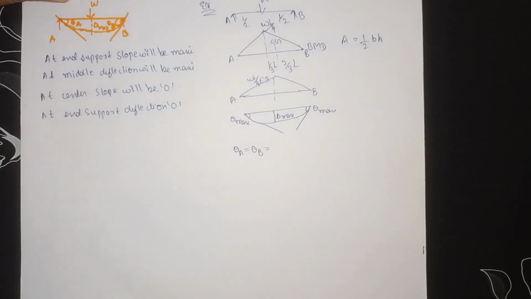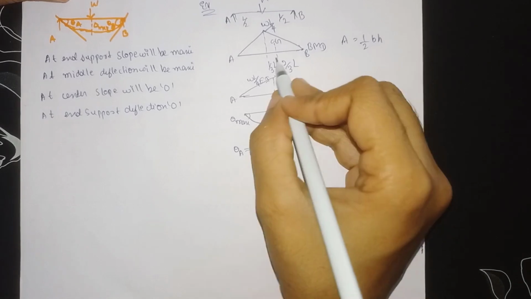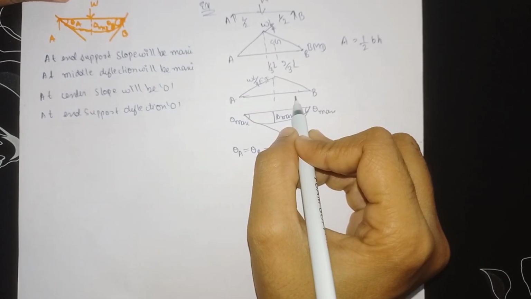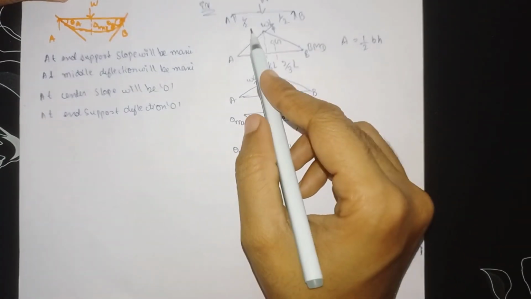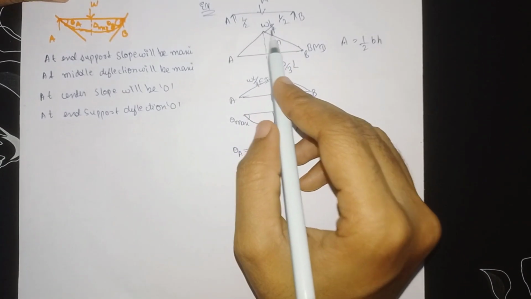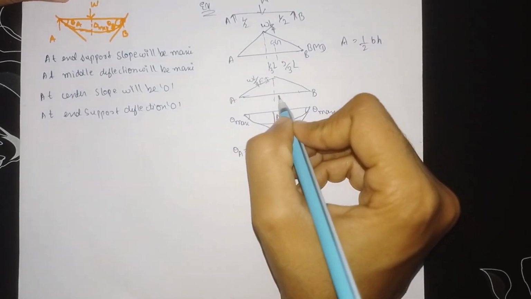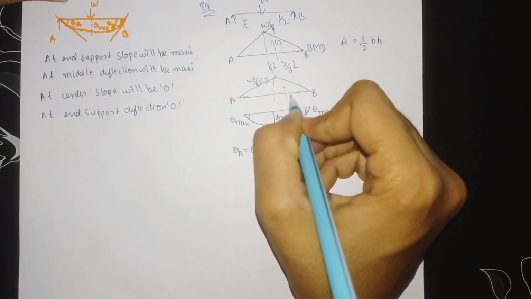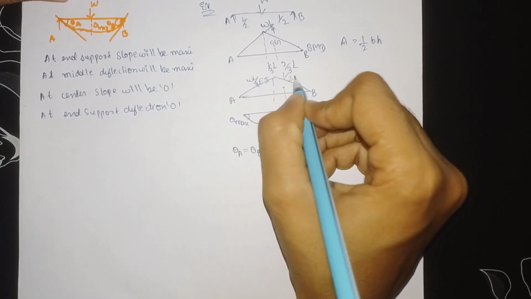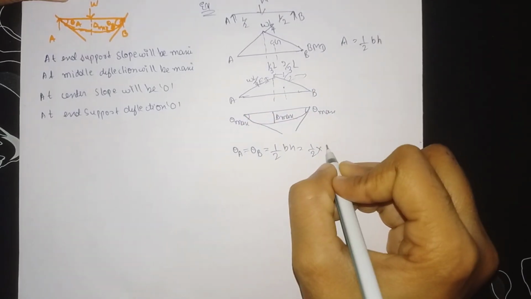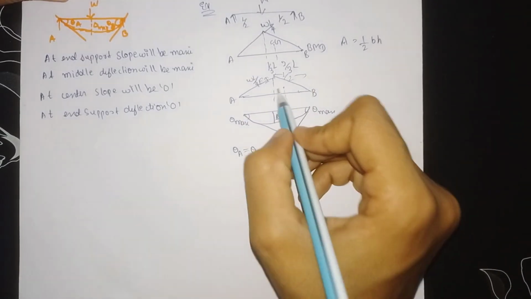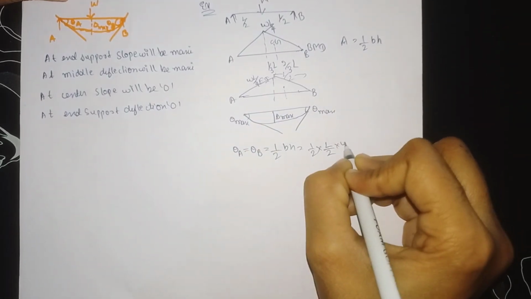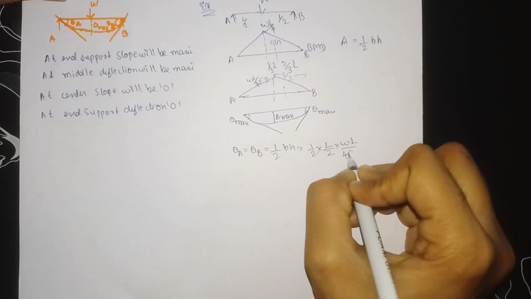For that we have the formula for the area of this triangle: half into base into height. The total distance is L, so for this triangle the base will be L by 2, and the height will be WL divided by 4EI.